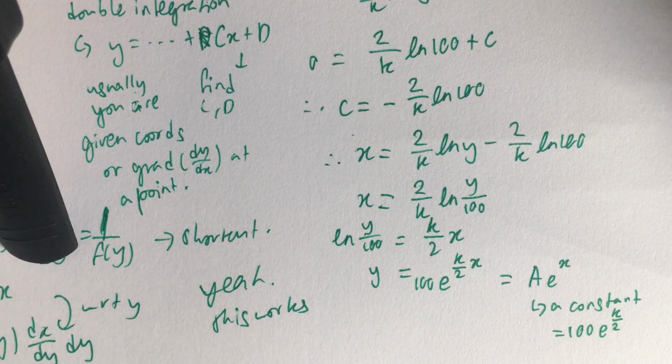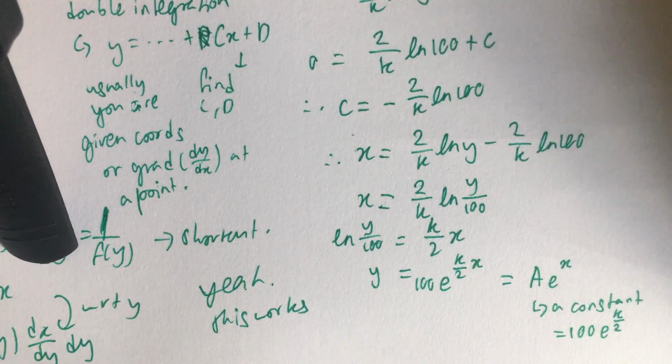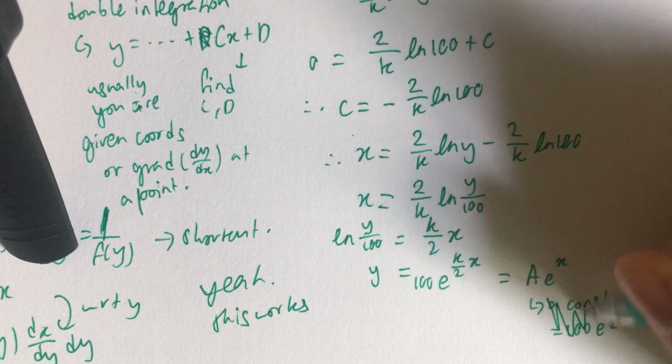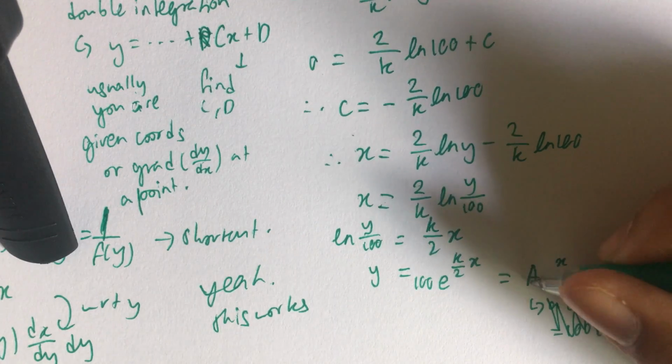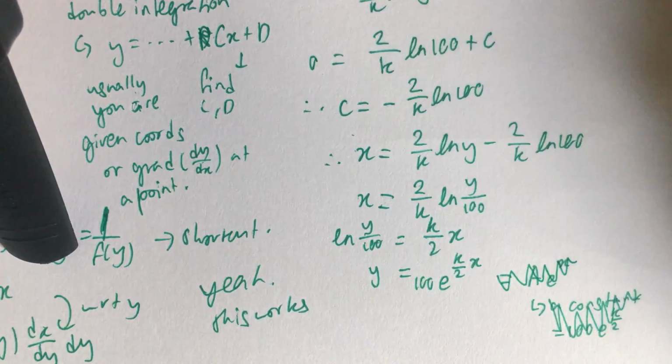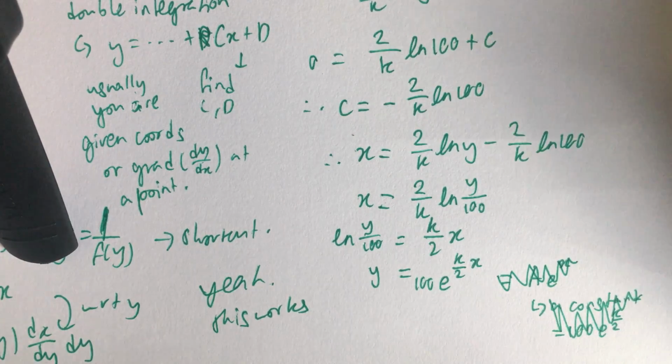So in this case, let's say if k is 10 and c is 5, so x is 2 over 10 ln y plus 5. Of course 2 over 10 is 1 over 5, so let's first minus 5, x minus 5 equals 1/5 ln y, and then you times by 5 and then you undo the ln.